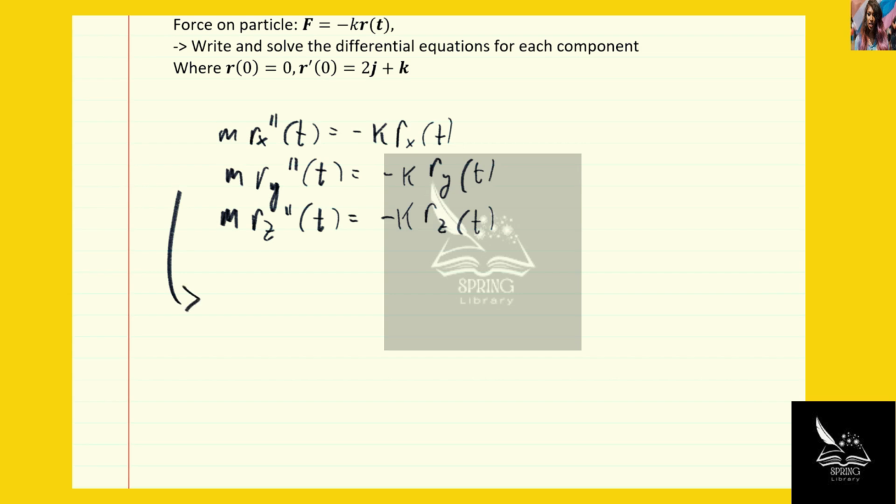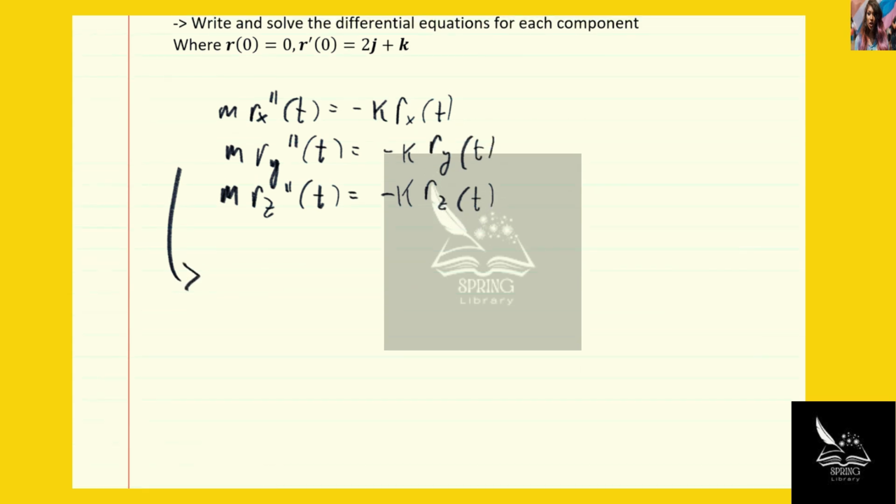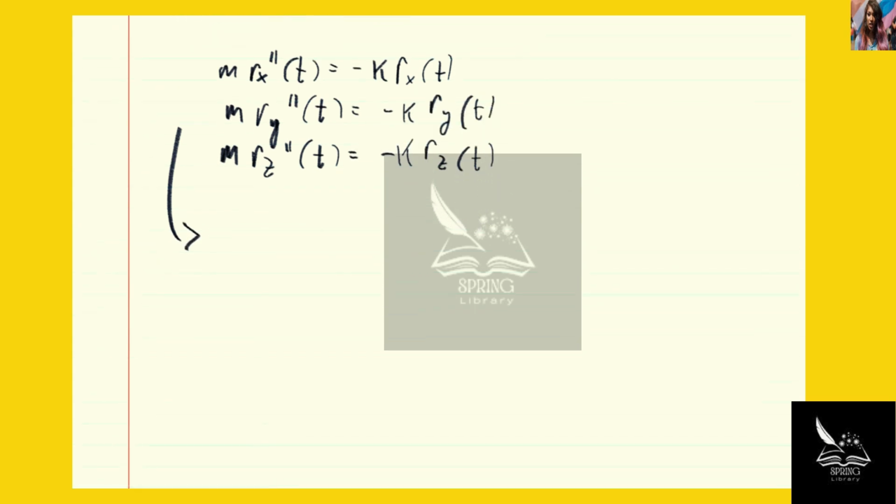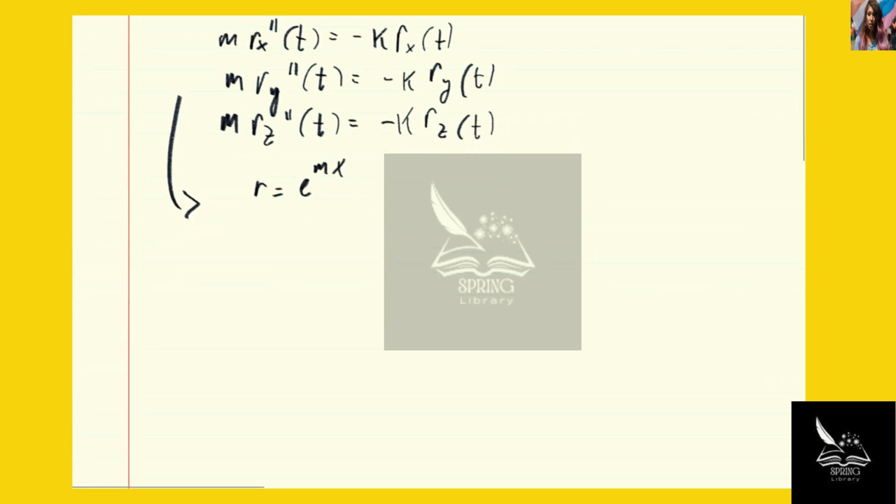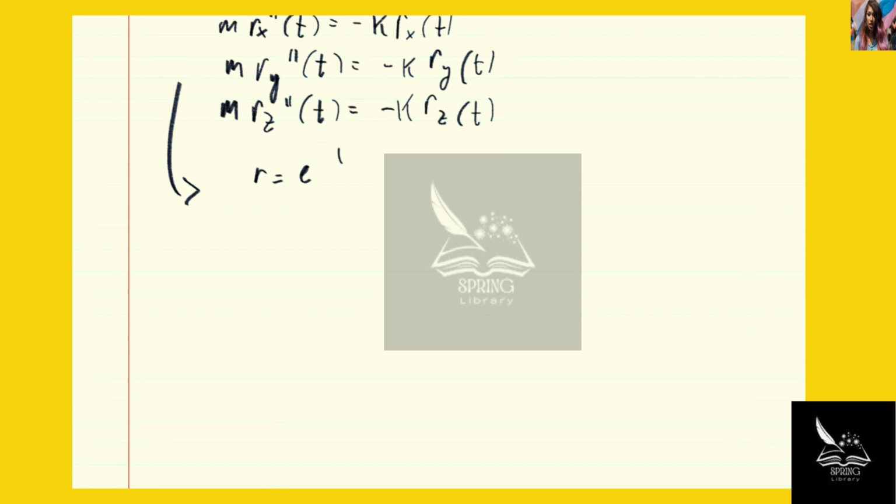Then, when we want to start solving these, we note that all of them have the exact same sort of form, where they are second order differential equations. So we make the substitution that r, x, y, or z, I'm just going to write it as r, equals e to the power of nx.